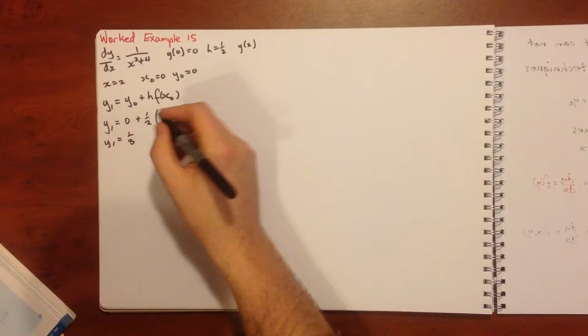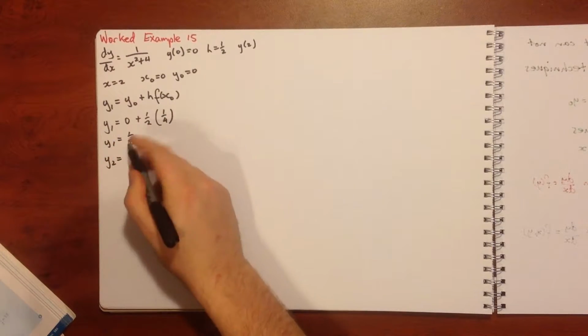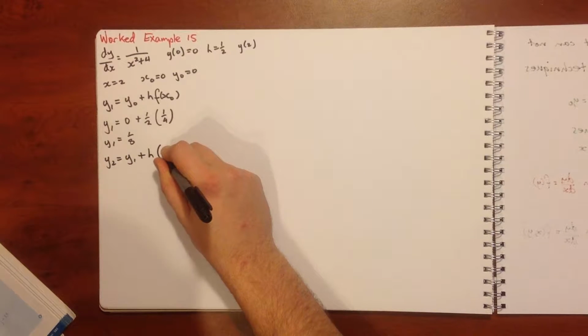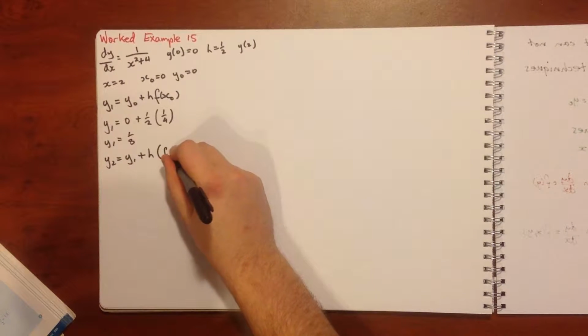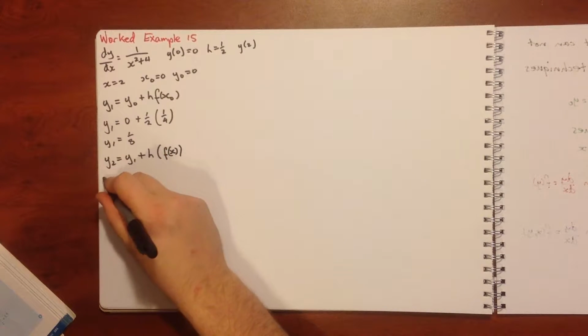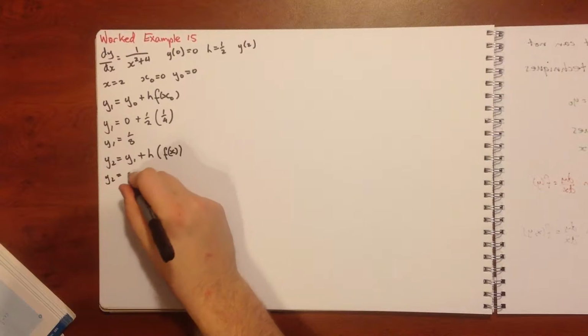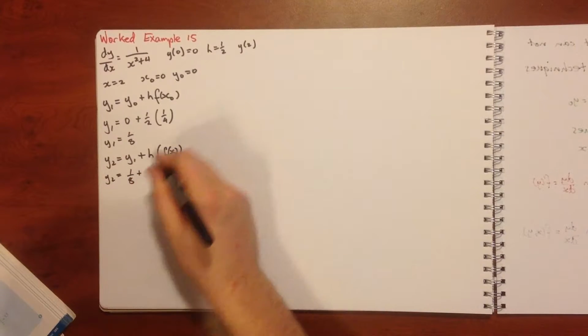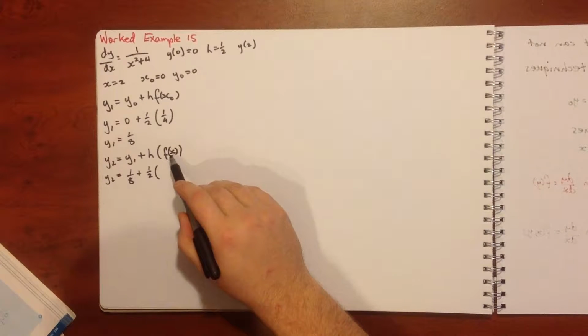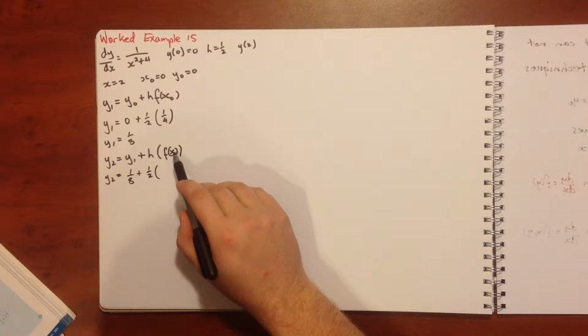That means our y2 equals our y1 plus h times f of x1. So y2 equals 1 on 8, plus the stated h value of a half, times f of x1.